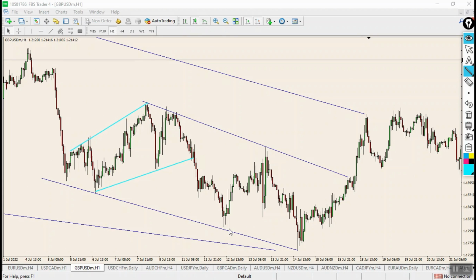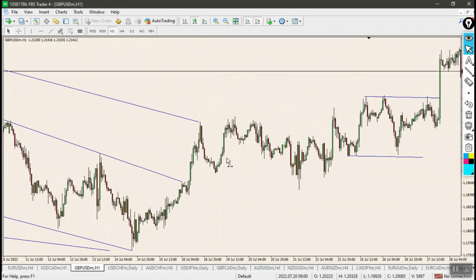Granted, we see it in hindsight, yes, but it's always a good idea to keep in mind that there are patterns inside patterns. And then we see the third touch, we see a rise, and we see a continuation pattern of sorts right here.